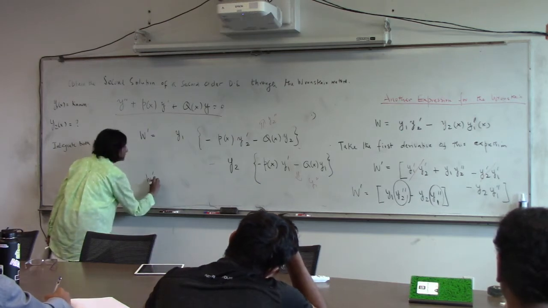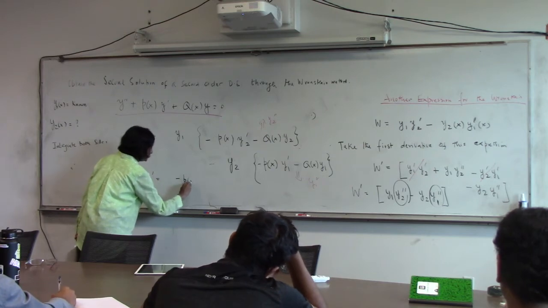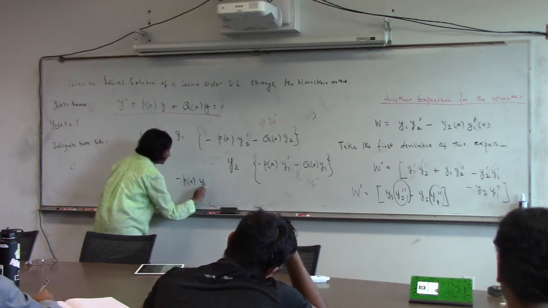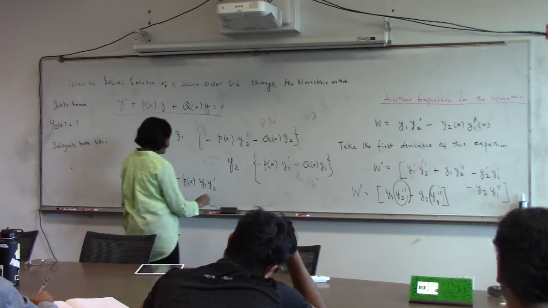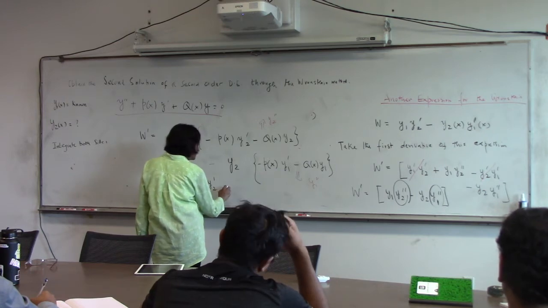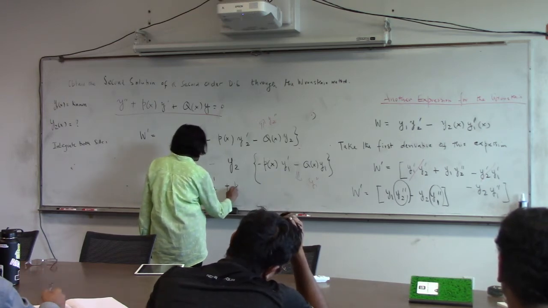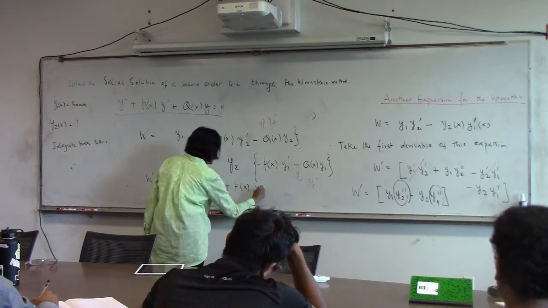So the first derivative of the Wronskian is nothing but minus p(x) y1 y2 prime, and then plus p(x) y1 prime y2.